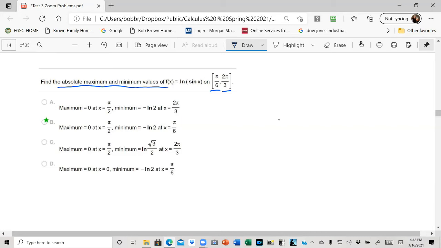The first derivative of f, using the chain rule, the derivative of ln of plain old x would be 1 over x. So we're going to write 1 over sine of x, where u is sine of x, and then multiply by the derivative of sine of x, which is cosine of x.